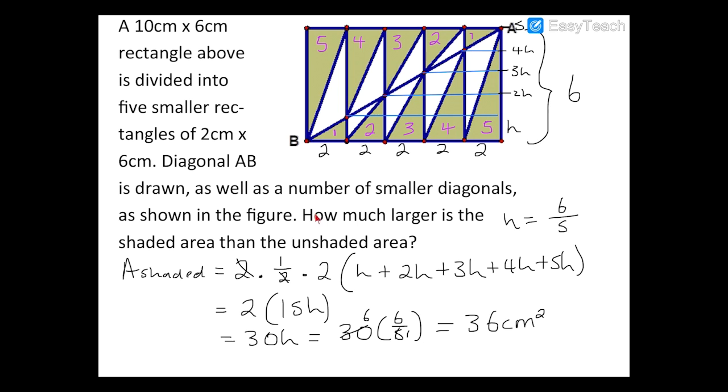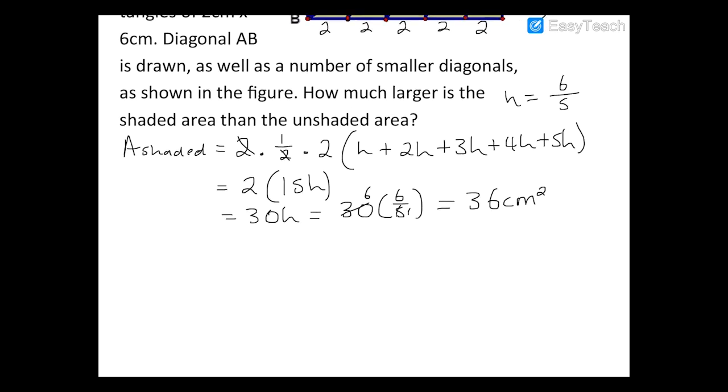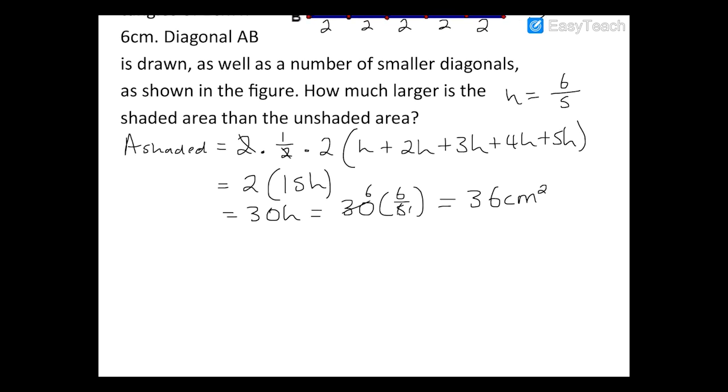Now the question says how much larger is the shaded than the unshaded. Now we need to find the area of the unshaded. So the area of this whole rectangle is equal to 10 multiplied by 6, length of 10, width of 6, and this is 60 square centimeters.